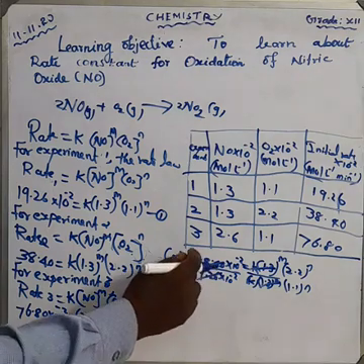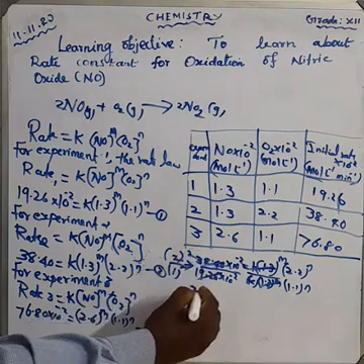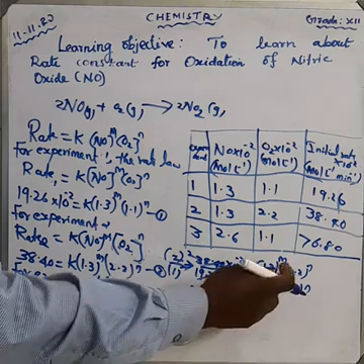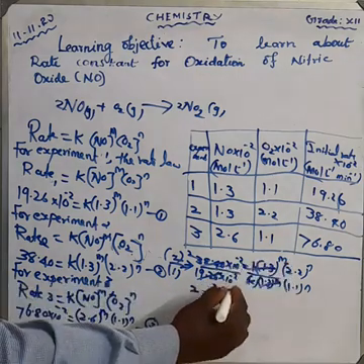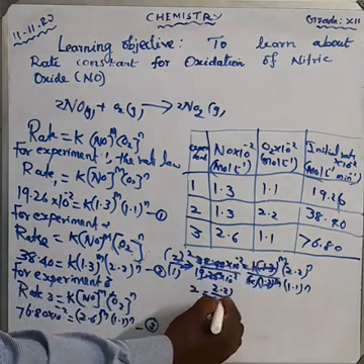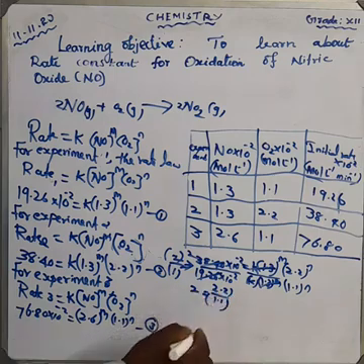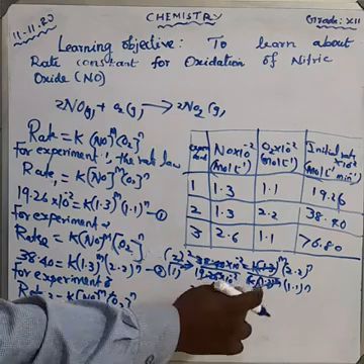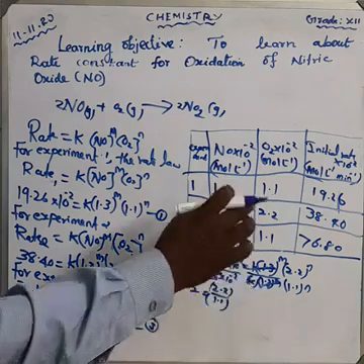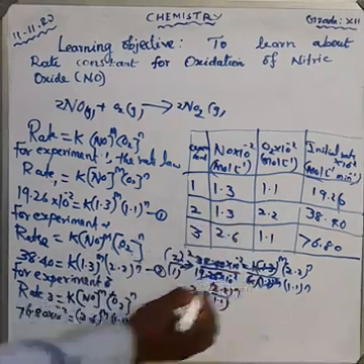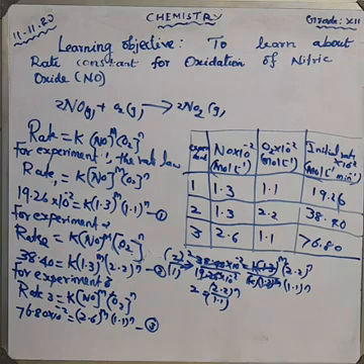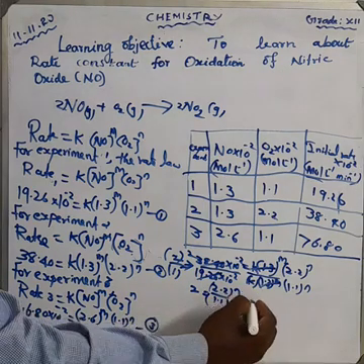This becomes 2 equals 2.2 divided by 1.1, the whole thing having one power. What's that power? That is n.